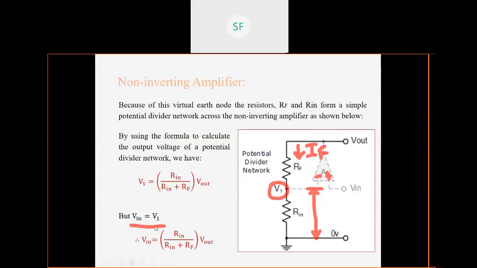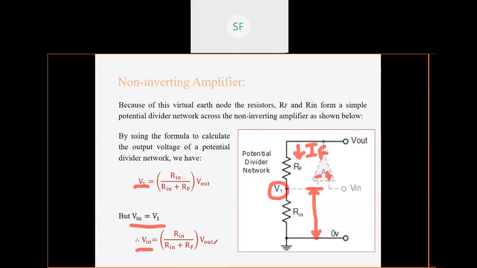Now you have to just put the value of Vin in place of V1. I am just replacing this V1 by Vin here. Since Vin equals V1, you can replace the value of V1 by Vin. Okay. Now we got Vin here, V out here.